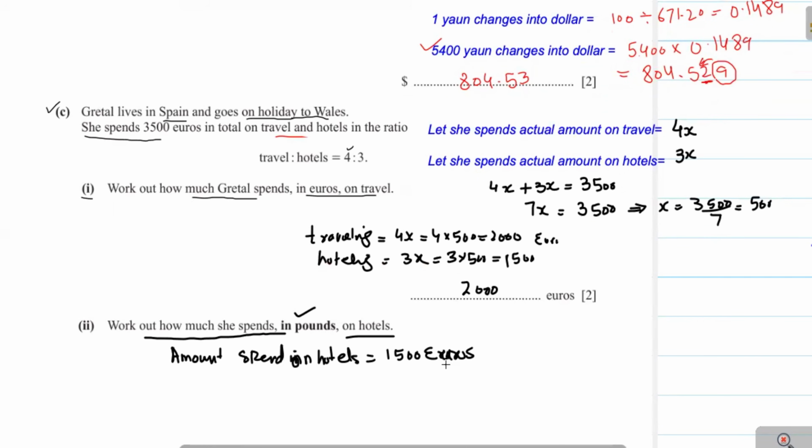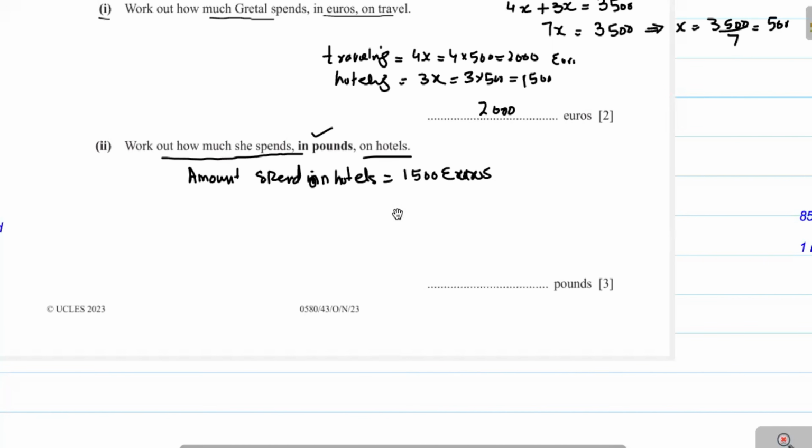Now we convert the euros into pounds. Firstly we convert euro into dollar. After this, we convert dollar into pounds. The exchange rate here is dollar and euro.